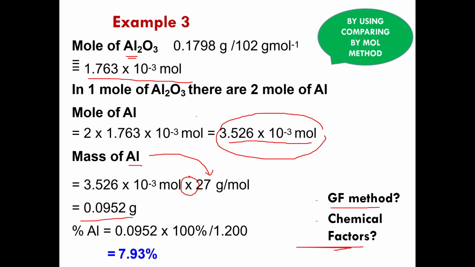For example, the molecular weight for aluminum I'm using is 27, so you need to use 27. For Al2O3, I'm using 102 gram per mole, so you need to use the same, because sometimes references give different values for atomic mass, so you need to be alert to atomic mass.